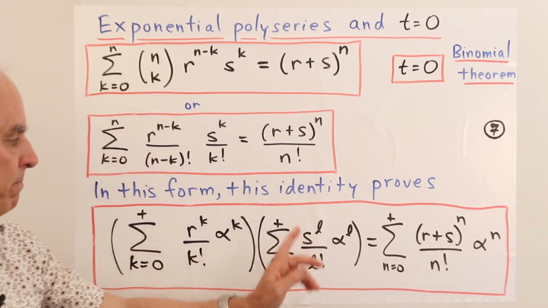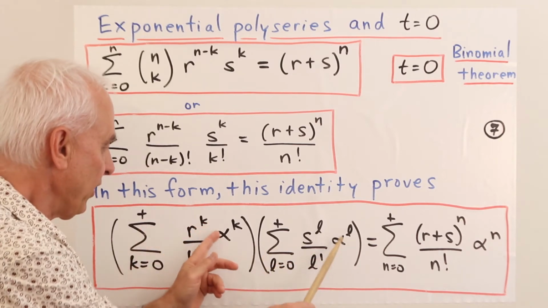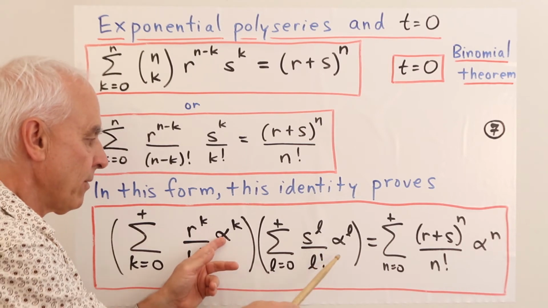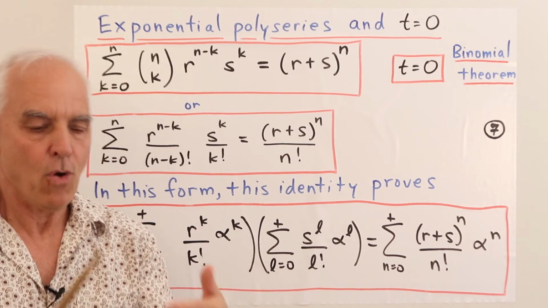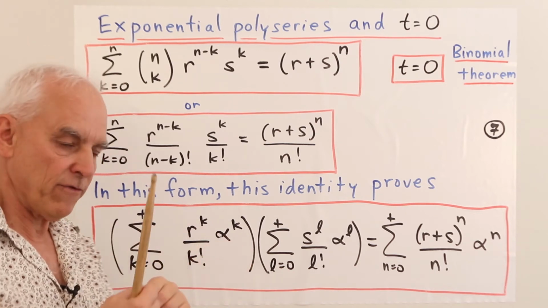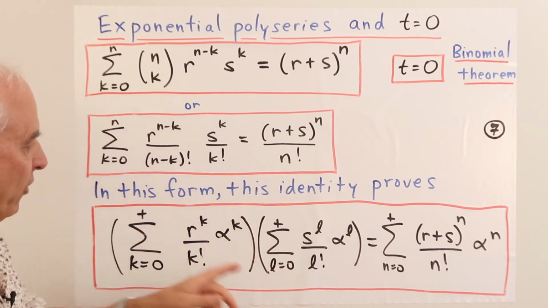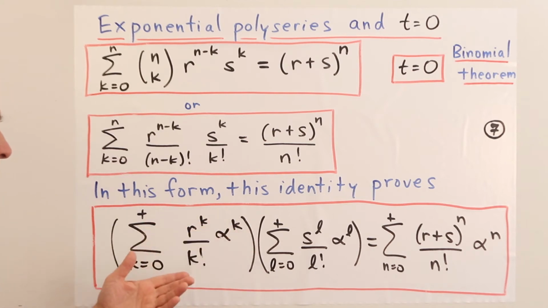And if you look at the power of alpha to the n on this side, well, you have to match up all these various powers, an alpha to the k with an alpha to the l, so that k plus l equals n. Or to put it another way, k is going to run from 0 to n, and l is going to be n minus k. Or if you prefer, l could be k, and k could be n minus k.